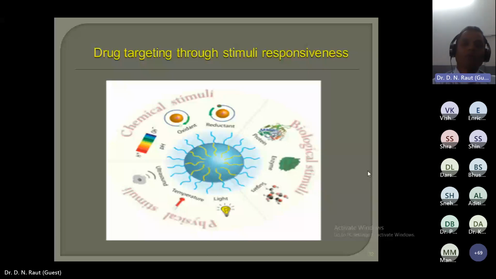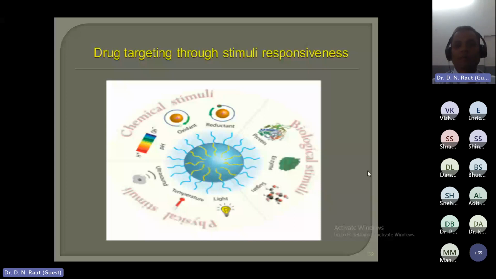There could be some chemical stimuli present in the body, and if we could target that particular stimulus, we expect an interaction between the stimulus and our carrier, and the carrier has our herbal drug or normal allopathic drugs. If there is interaction, then there could be some changes in the structure of the nanoparticles or nano formulations, and they release the drug at the target site.